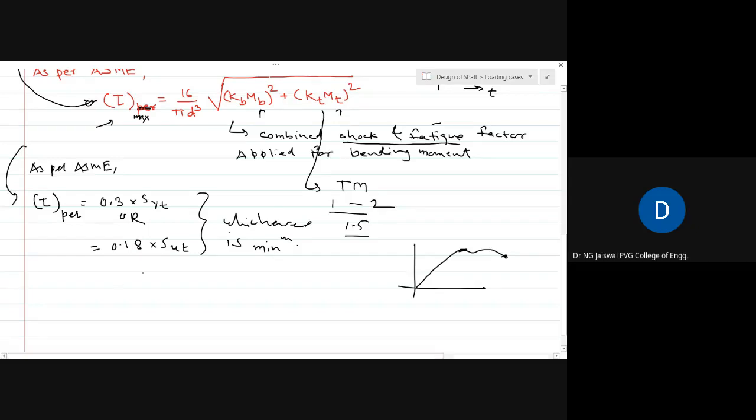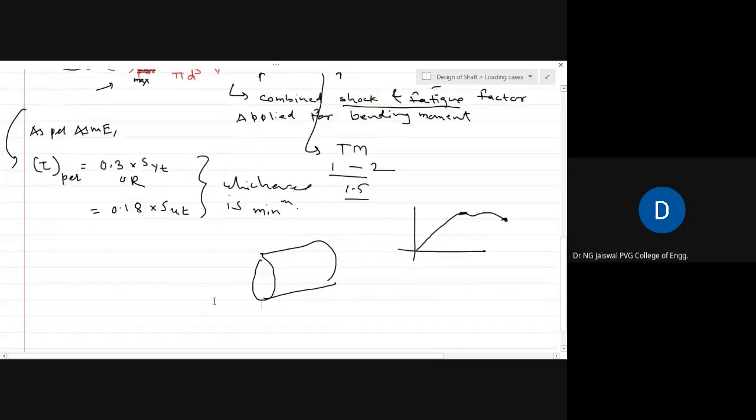Now, one more thing which is also mentioned in ASME is that if there are keyways. Now, what is a keyway? A keyway is something like this. Suppose this is some shaft, right? And you want to put one hollow shaft over it.